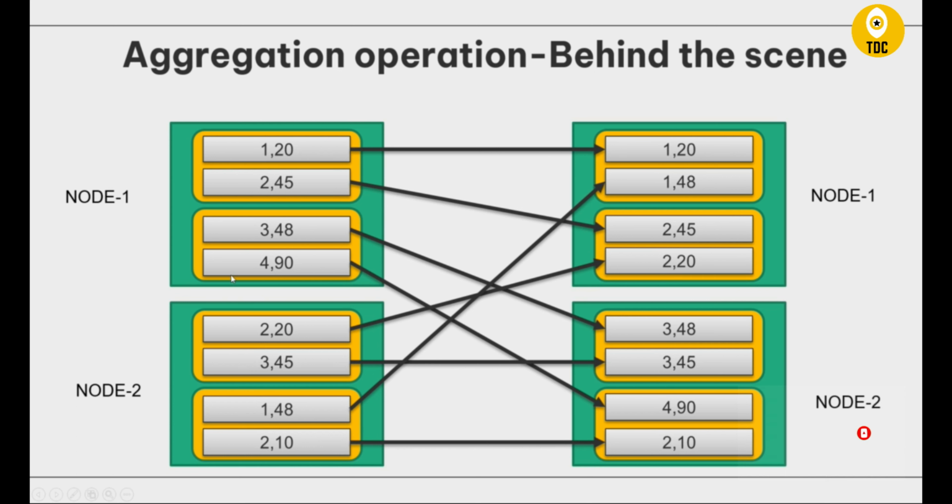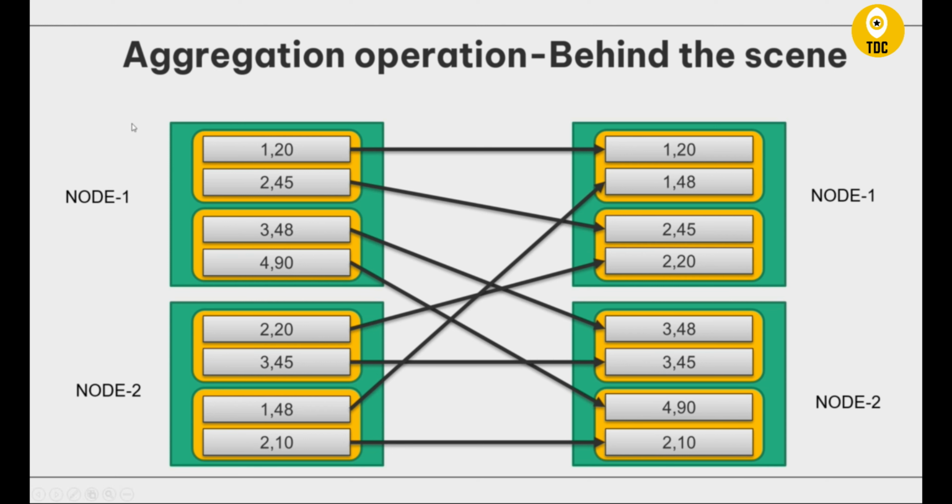If you want to perform any aggregation, logically you have to bring the data near to each other so that you can perform that aggregation. If not, it is practically not possible for such operations.